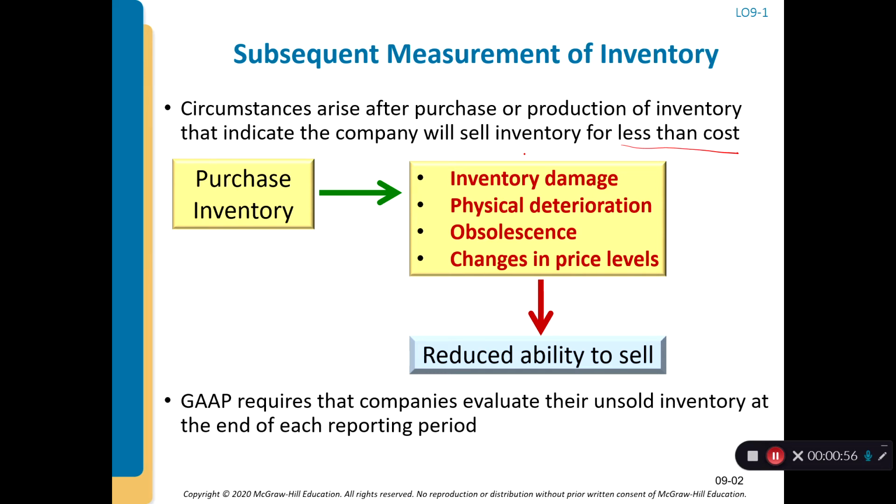The possible reasons the inventory will be worth less than the purchase cost are mainly inventory damage, physical deterioration, obsolescence, or changes in price levels. All these reasons result in a reduced ability to sell the inventory. Hence, companies are required to evaluate their unsold inventory at the end of each period.